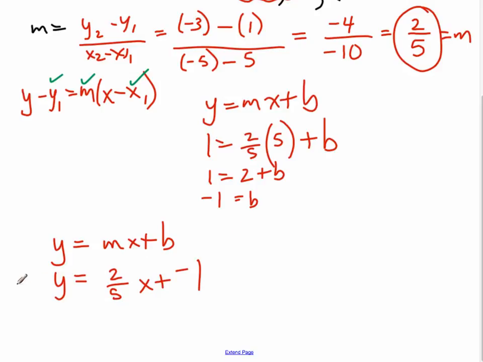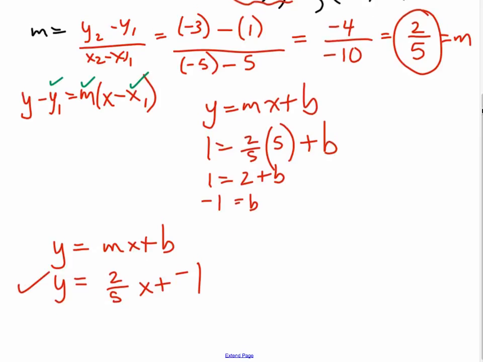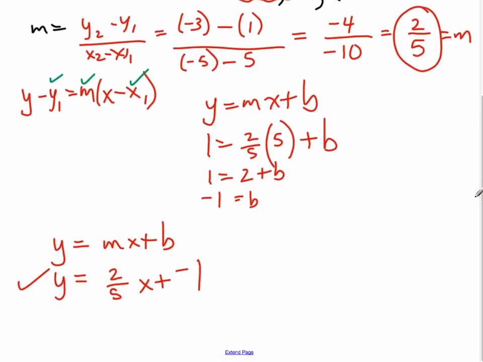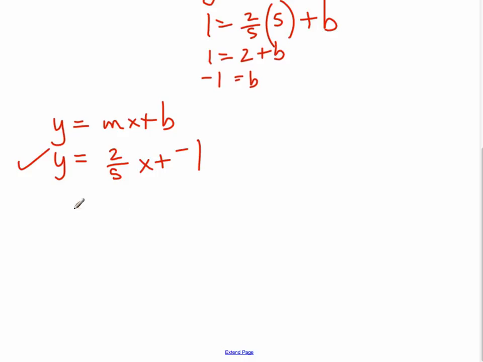Now I have my equation, and that was the first part of the question, to find a linear function or an equation. But then they also say what is f of 0? In other words, what is the value of the function when x is 0? So here, remember y, f of x, and y are the same thing.